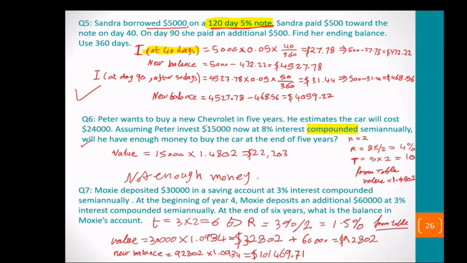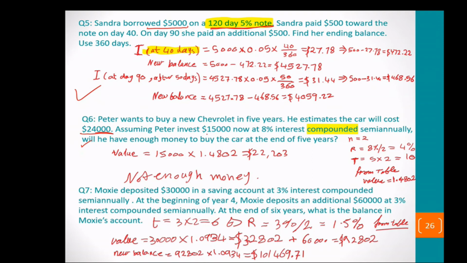Peter wants to buy a new Chevy in 5 years. He estimates the car will cost $24,000 in 5 years.